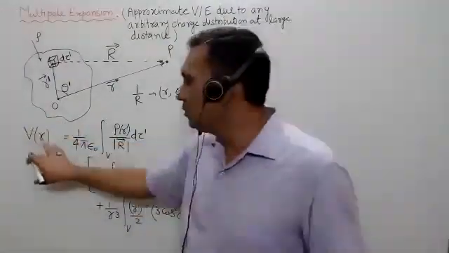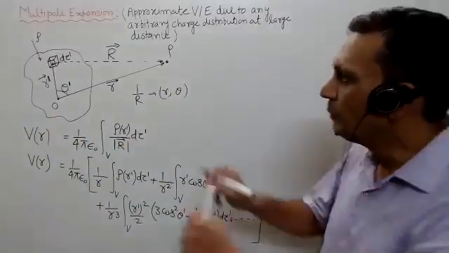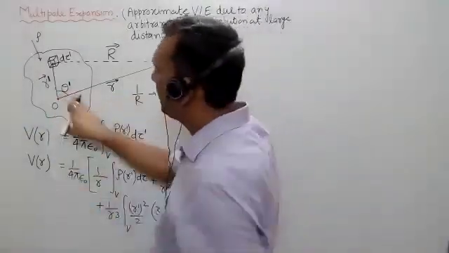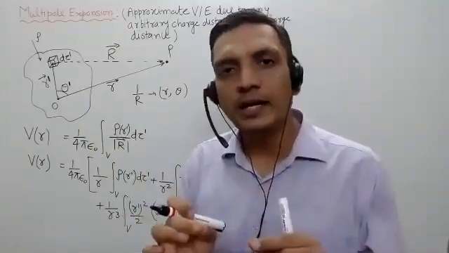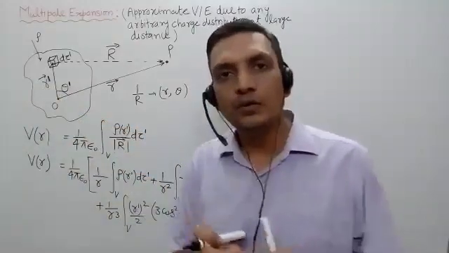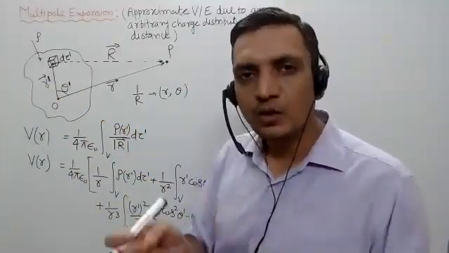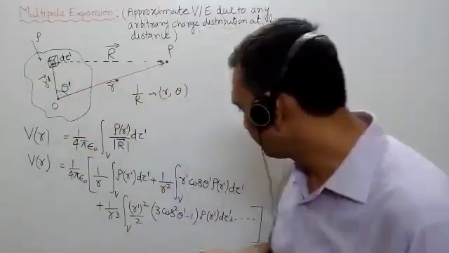Let us expand in terms of r only. We have to see the dependence on r, and this angle is theta dash. Just to differentiate from the source point, I have taken the dash. I told you the coordinate notation: source is a function of r dash and field point is a function of r.